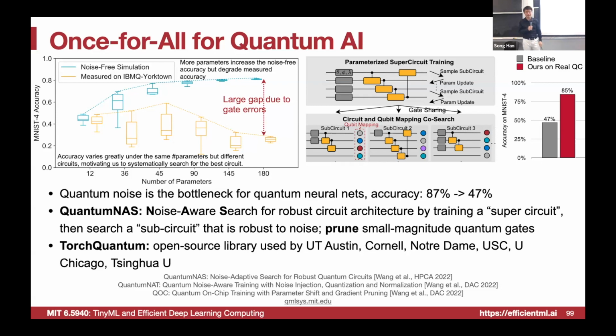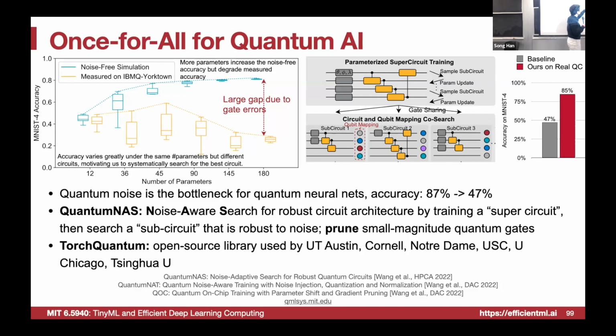For only four classes, there's a big gap between the simulated accuracy and the measured accuracy. And actually, the gap is due to the noise. So the topology of a quantum circuit matters. It's not necessarily true that the more qubits we put, the better accuracy we get.